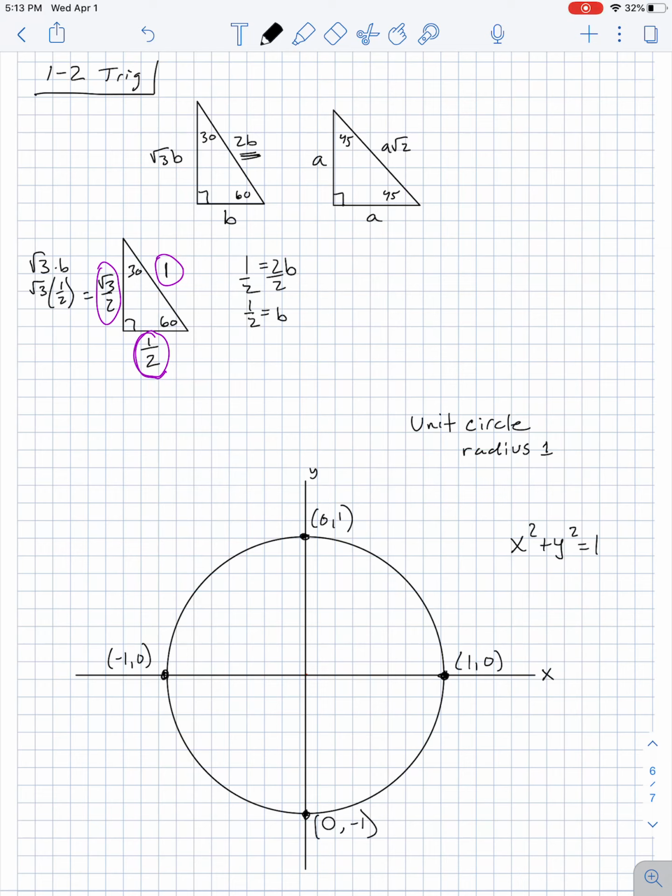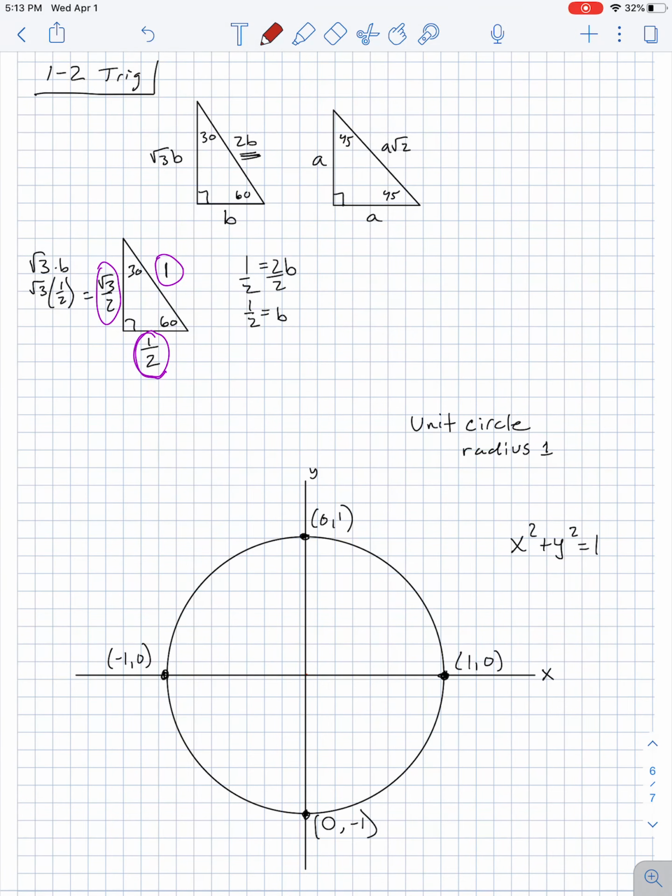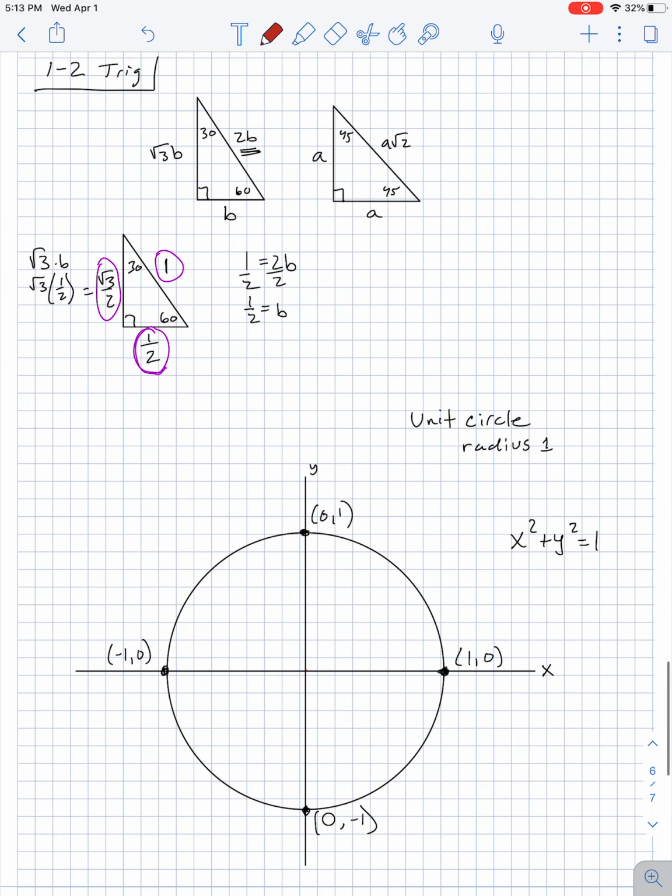Okay? And what we do is we take these triangles and embed them into the circle. So first I'm going to take this 30-60-90 triangle and draw it there. This is a right angle, this is my 30-degree angle, and this is my 60-degree angle. You look at this and realize that the hypotenuse of this triangle is the radius of the circle, and we know the radius is 1.